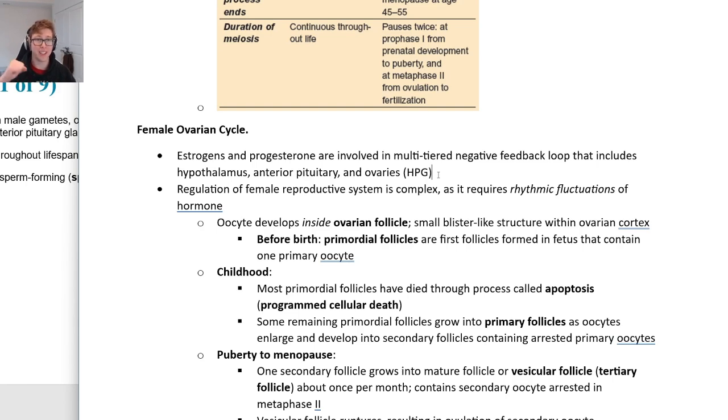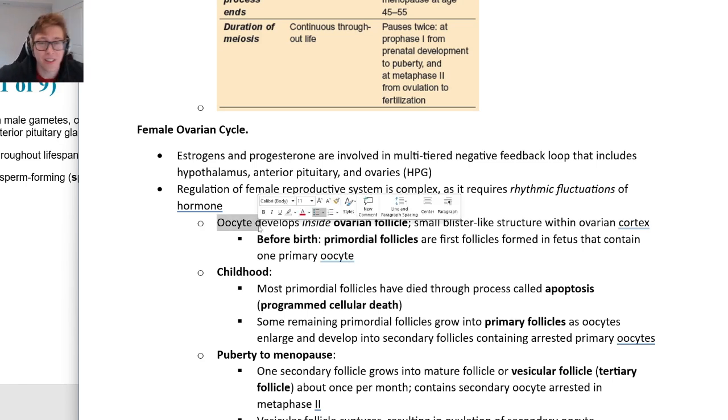In the females, it is ovaries. However, the hypothalamus and the pituitary gland are similar. The regulation of the female hormone system is complex, and it requires rhythmic fluctuations of hormones. Now, let's get into it because it is fascinating.